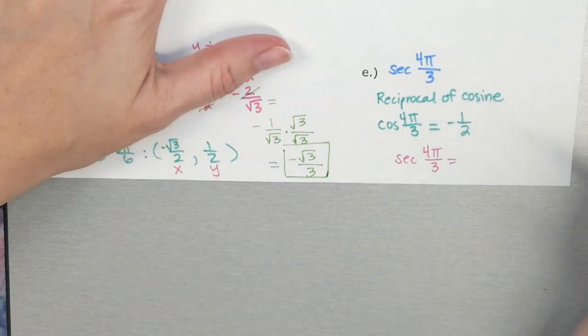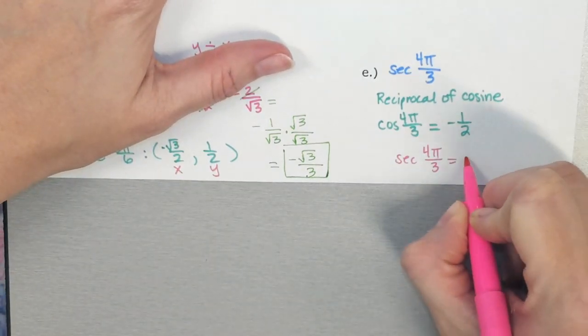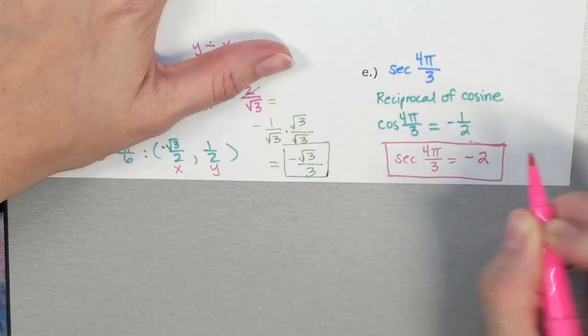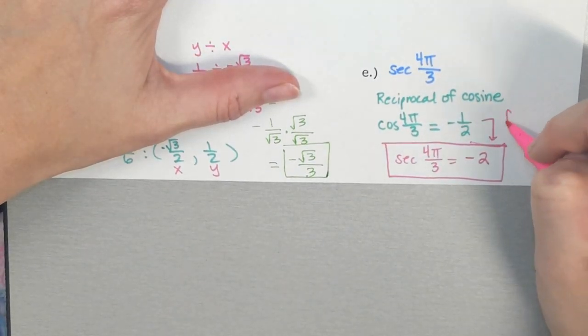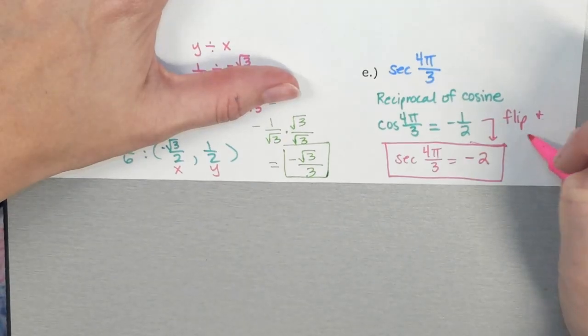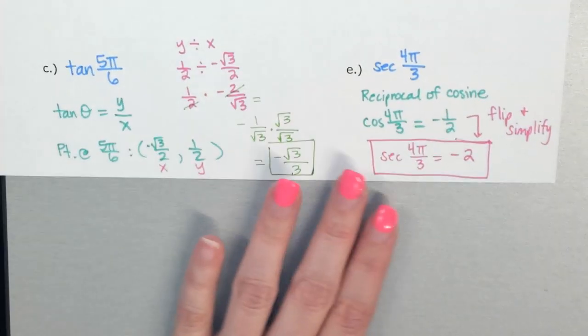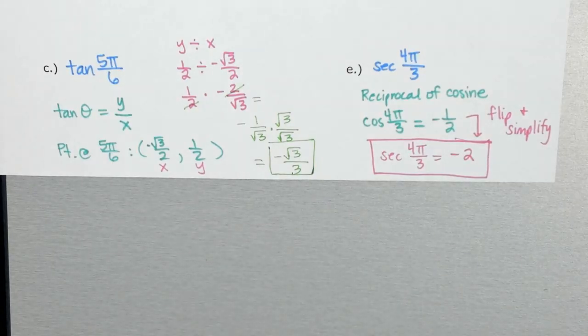Yep, and what is negative 2 over 1? Negative 2. Don't keep it over 1, have it simplified. We're going to flip it and simplify. The reason I say simplify: 1, we're not going to keep it over 1. 2, when you flip it, you might have a radical on the bottom, and then you're going to have to rationalize.